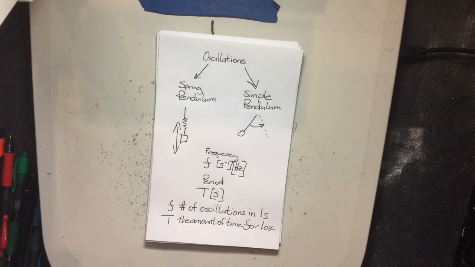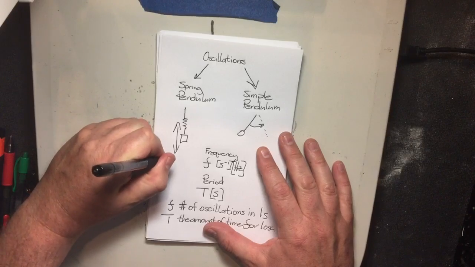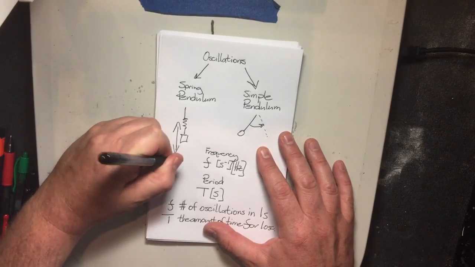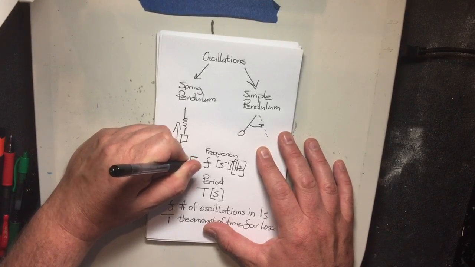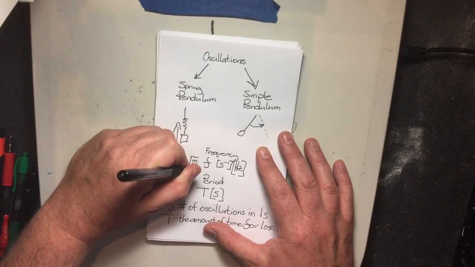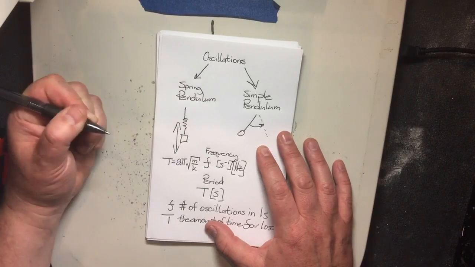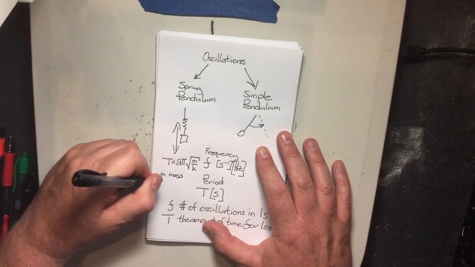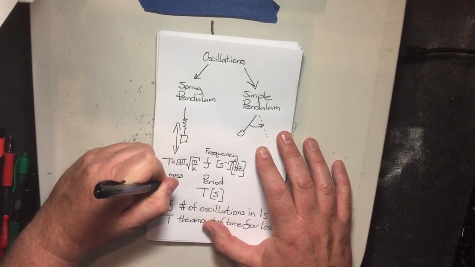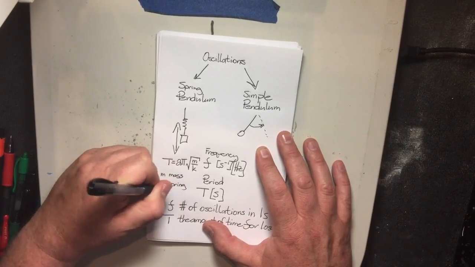For a spring pendulum, the period is 2 pi square root of m over k, where m is the mass and k is the spring constant.